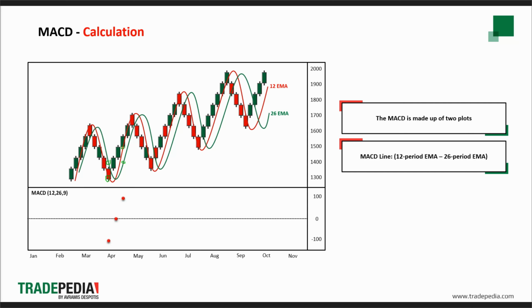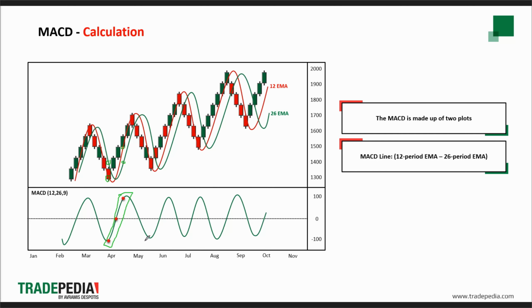So that's how you get your MACD line plotted. How we can generate a bullish signal from the MACD is when the MACD crosses above the zero line. It is equivalent to the 12-period crossing above the 26-period EMA, and that's when a bullish signal is generated.